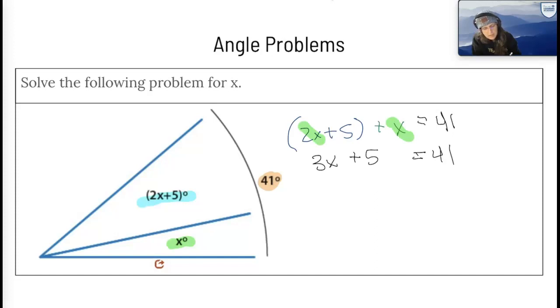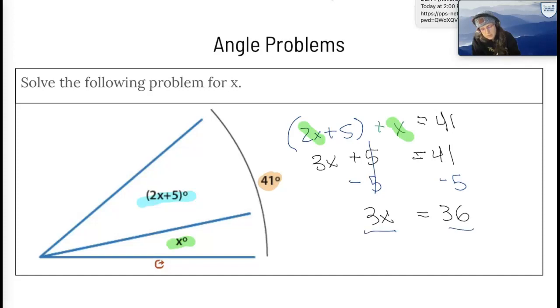We need to isolate our variable, so we're going to subtract 5 from both sides because we're balancing our equation. And we're going to end up with 3x equals 36.